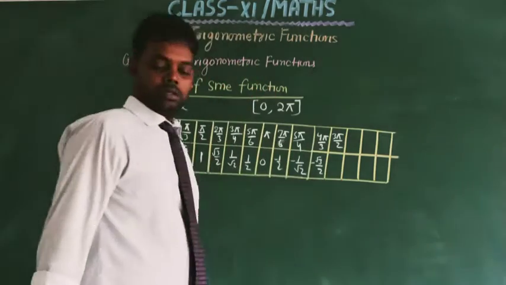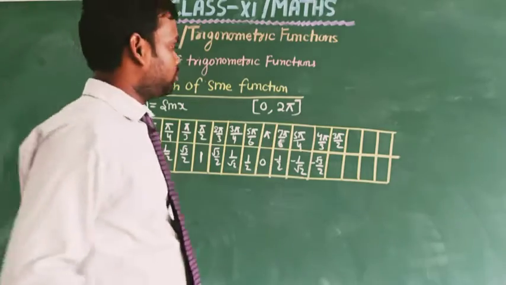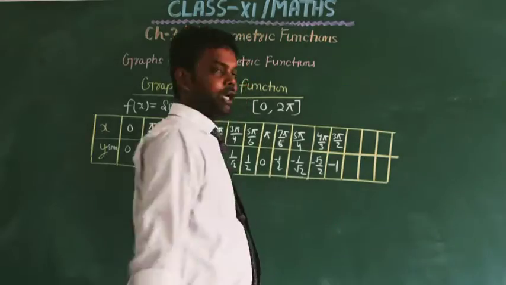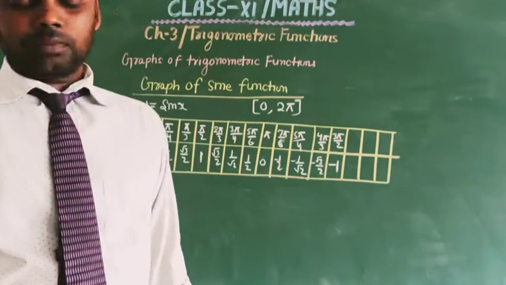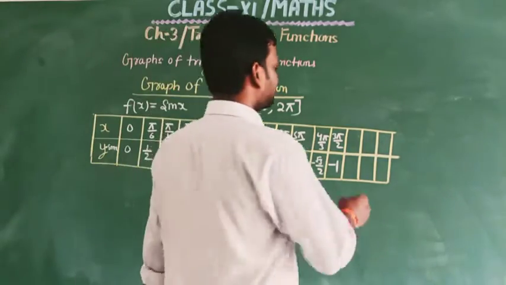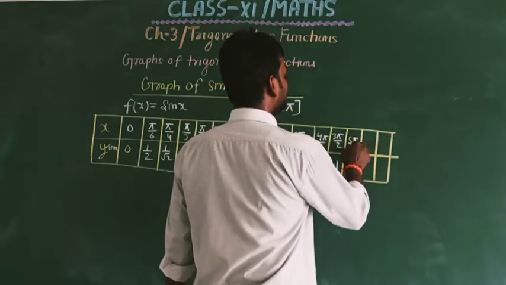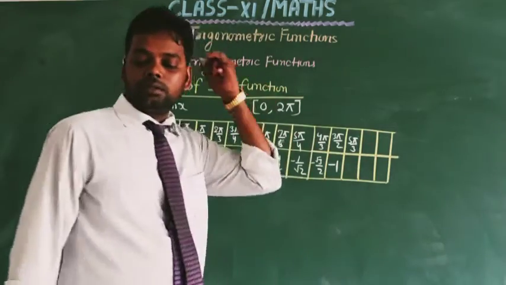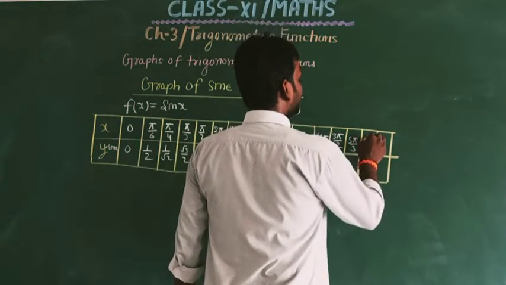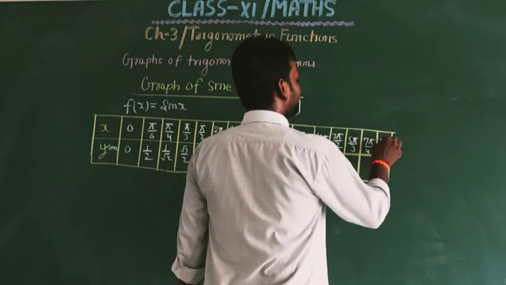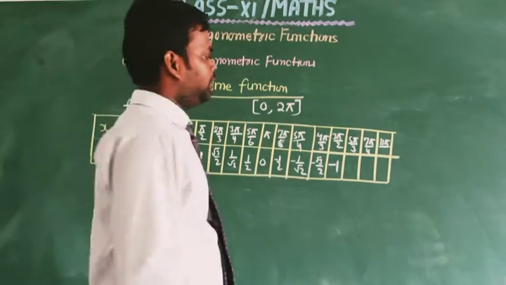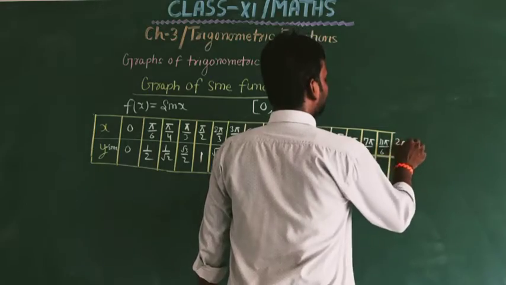Okay, next is minus 1. And next is 5 pi by 3, 7 pi by 4, 11 pi by 6 and 2 pi.